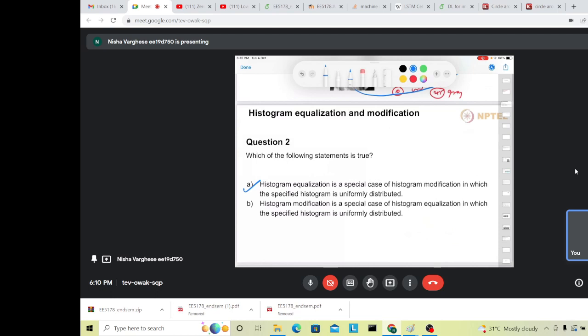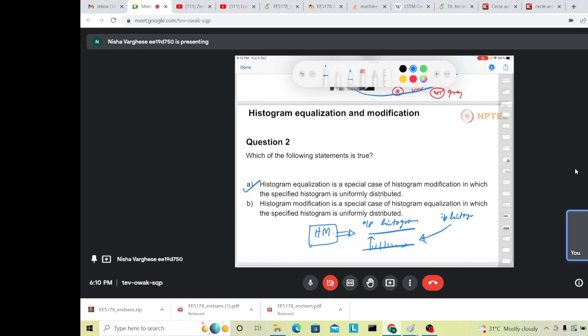Histogram modification is the general case, where we can have an output histogram that can be of any shape, and our input histogram can be converted to this output histogram.